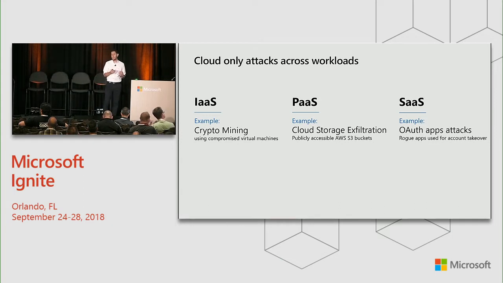But with the rise of cryptocurrency in the last 2 years, we're seeing that these kind of attacks are being super, super advanced. Attackers understand that there's a lot of compute resources out there in AWS, in Azure, et cetera, and they use very sophisticated malware to spread the payload of the crypto miners.